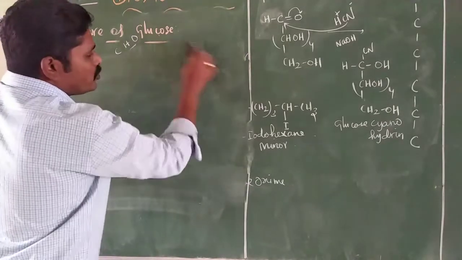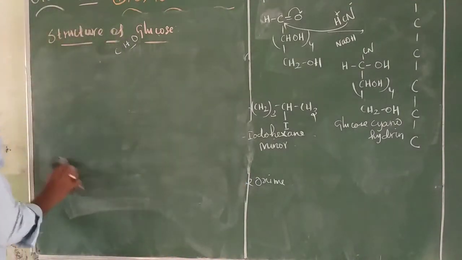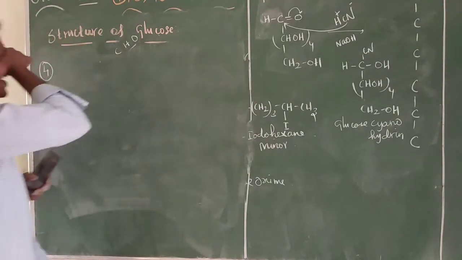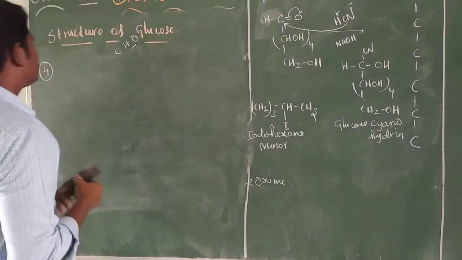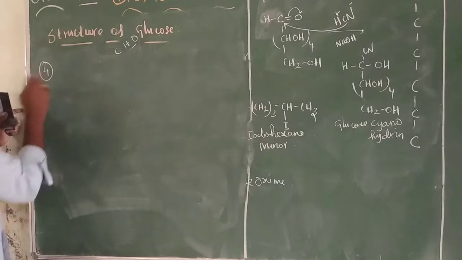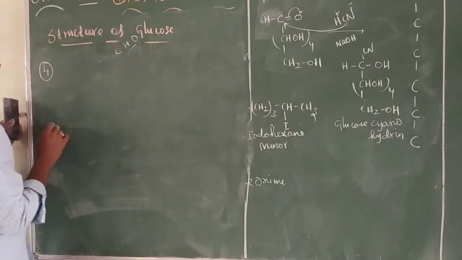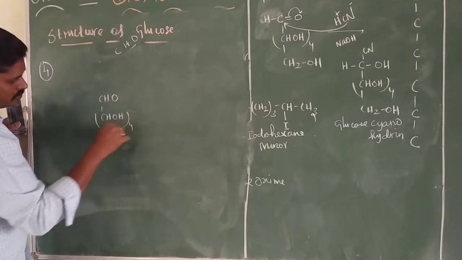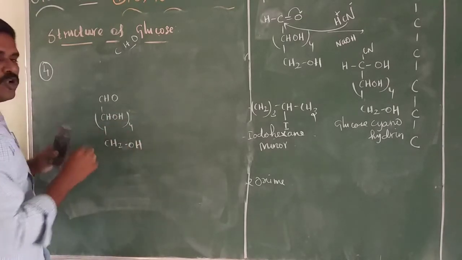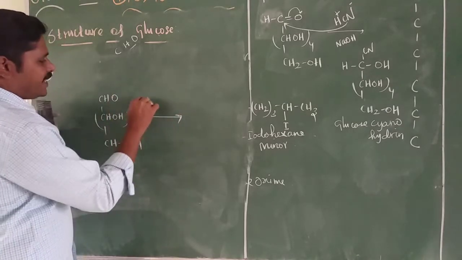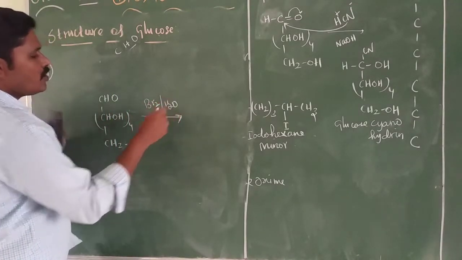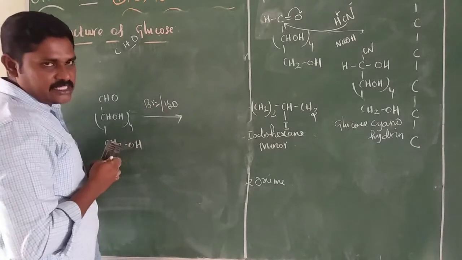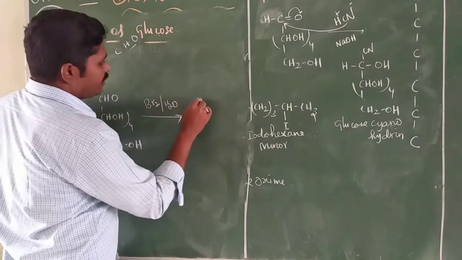Glucose oxidized with a mild oxidizing agent, bromine water, gives gluconic acid.